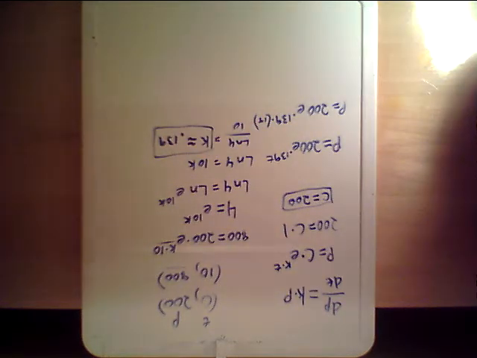And this is one of the things you're just going to punch into a calculator. Let's see here. So e to the, bear with me 1 second here, e to the 0.139 times 15, and all of that times 200 would be 1608.9.